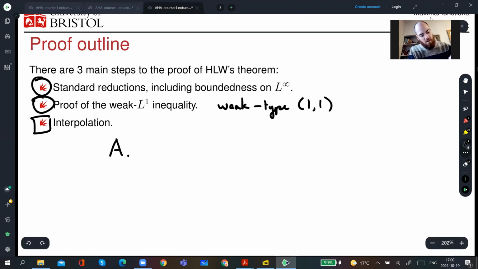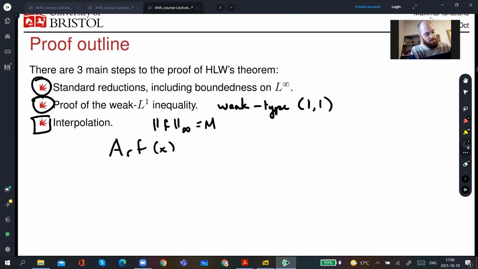So A_R f of x is... So if f is less than m everywhere, oh, m's a bad choice. Let's pick an actual number.